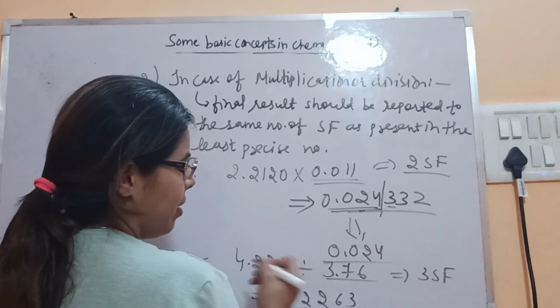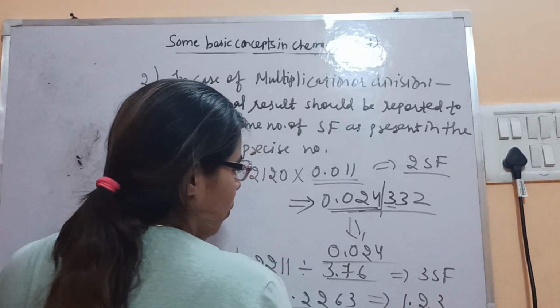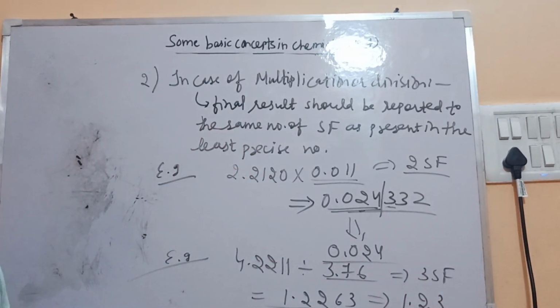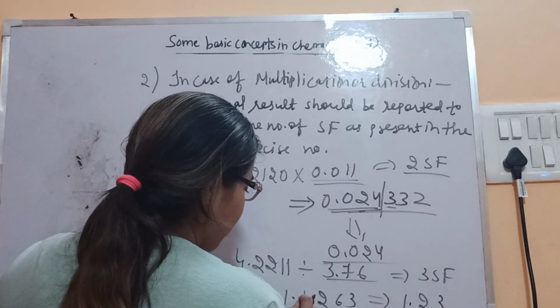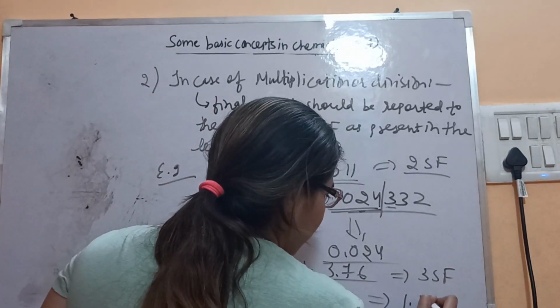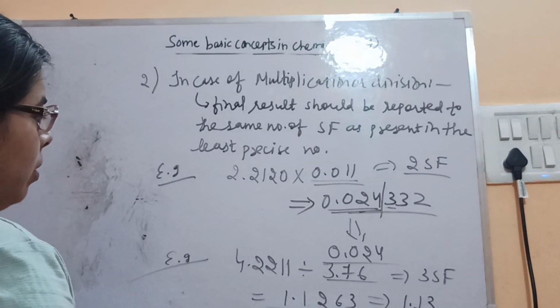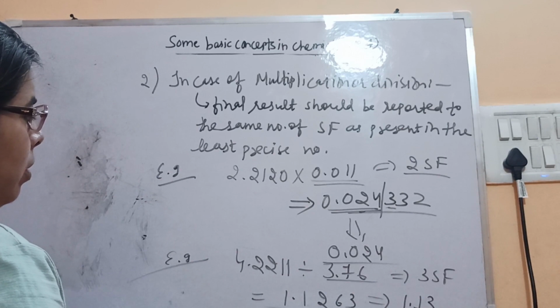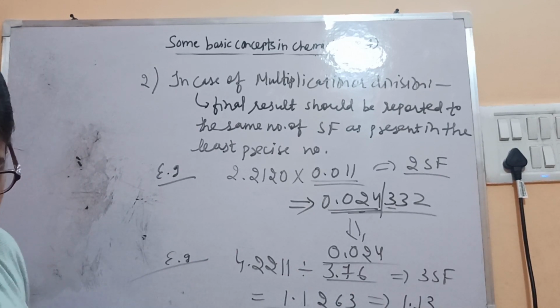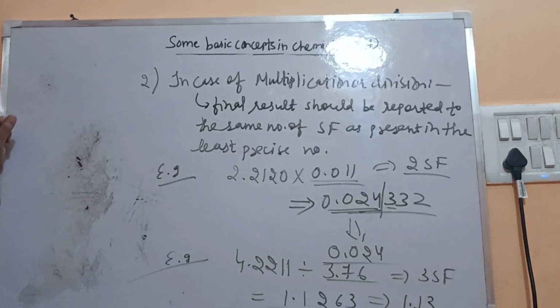The last digit is less than 5, so your answer is 1.12. 3 significant figures. Fine. In this way you have to do.